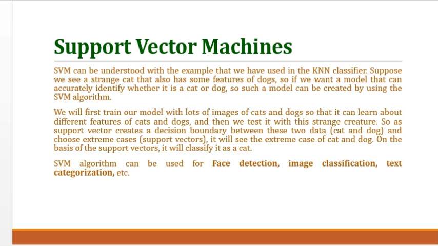We train the model first with a lot of images, then we test it with a strange creature. With that we create a decision boundary between these two classes, and then we choose the extreme cases, and it will see if it is the extreme case of a dog or a cat. On the basis of the support vectors, it will classify it as a cat.